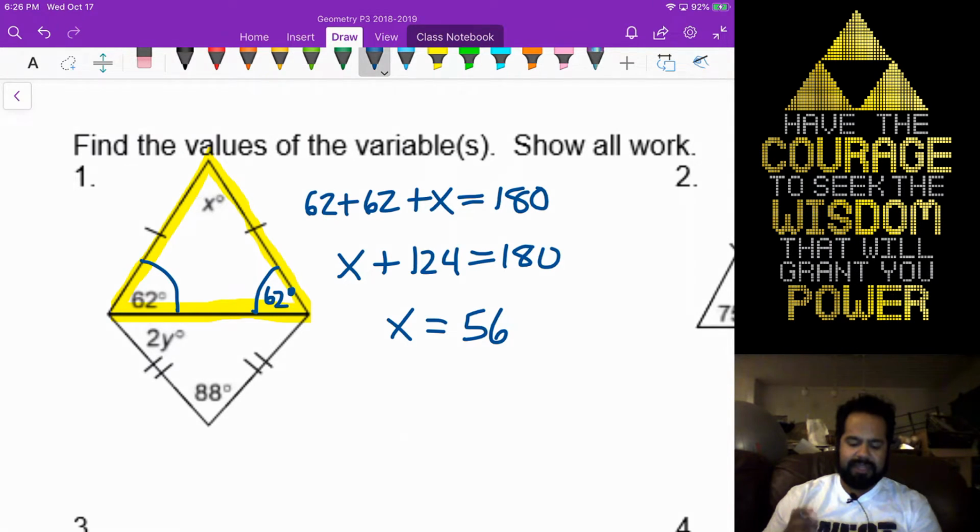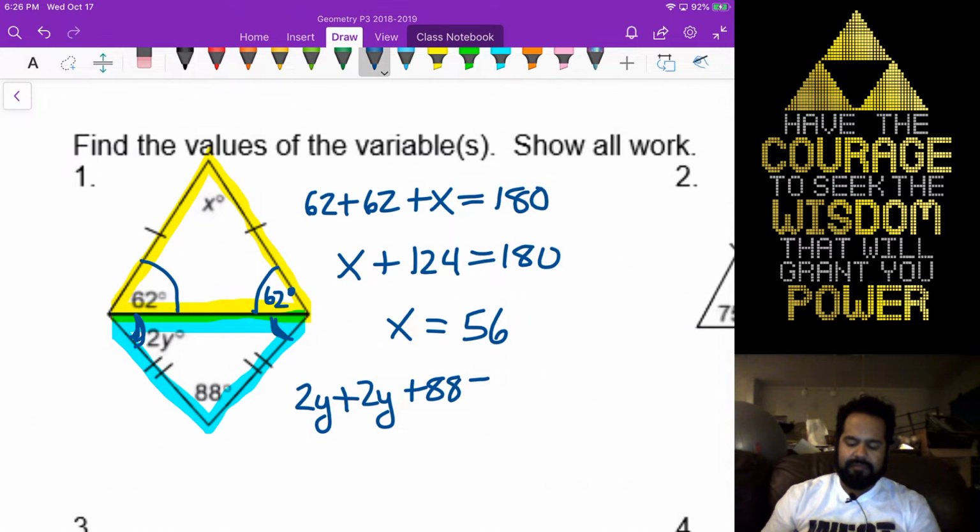Now if I'm looking at the other triangle, same idea again. Gotta go ahead and set up the fact that, again, it's an isosceles triangle, that means that this angle is congruent to this angle. So we're going to go ahead and say that 2y plus 2y plus 88 equals 180.